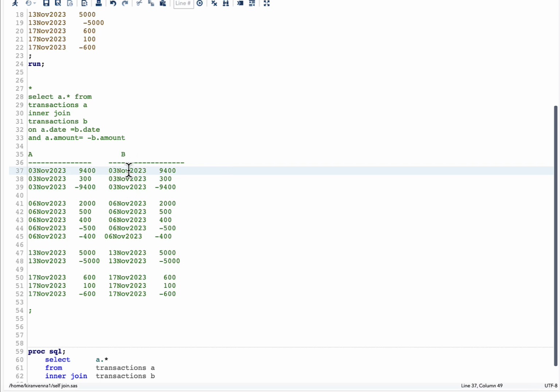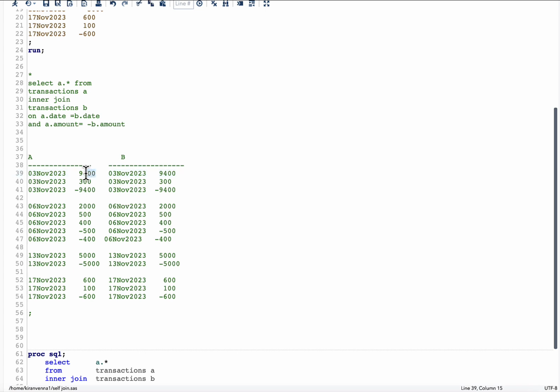We have 03 November 2023 in three observations in here. So the comparison happens in the following way. Is 9400 equal to minus 9400? Because we have A.amount equal to minus B.amount. So they are not equal, so nothing happens in here.